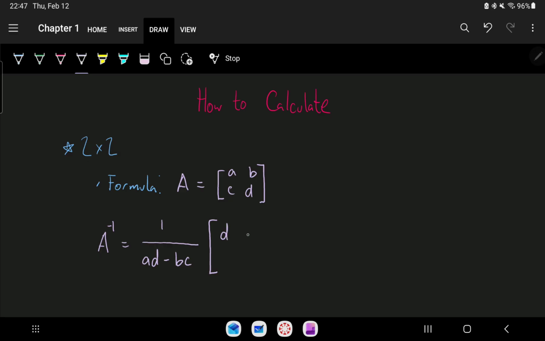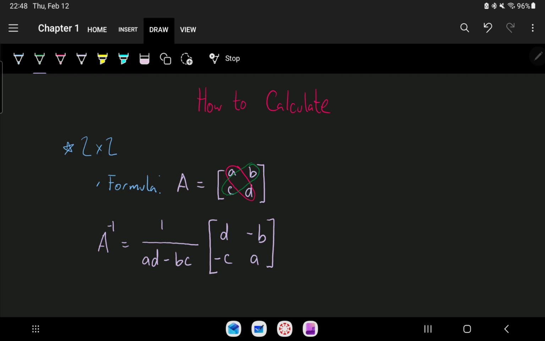We're going to do D, -B, -C, A. So these guys have swapped, and these guys are exactly where they were, they just changed signs.